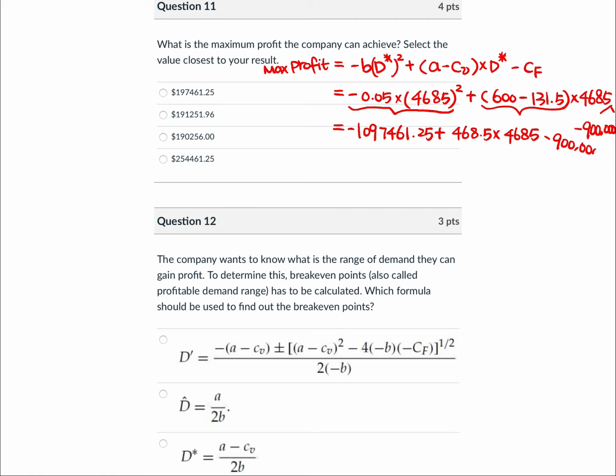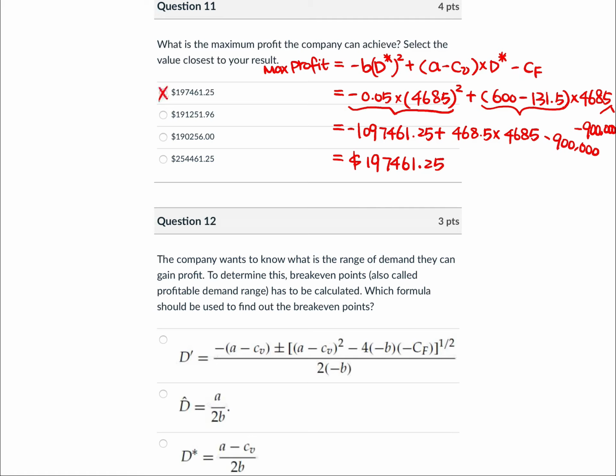And then minus 900,000. The final result is 1,974,61.25. So 1974, that's going to be your answer.